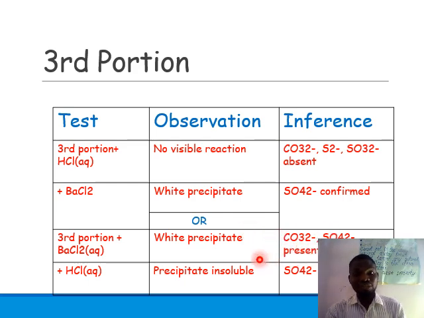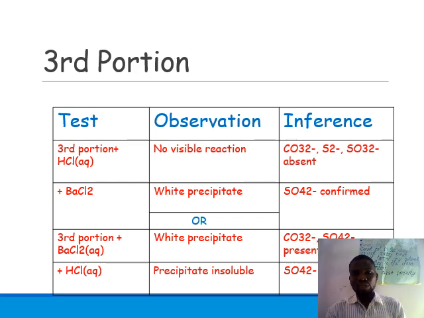They are part of the ions that give a white precipitate with barium chloride. But when you add HCl, what happens? If the precipitate is insoluble, it means SO₄²⁻ is present. But if the precipitate is soluble, it's not SO₄²⁻, it's CO₃²⁻.